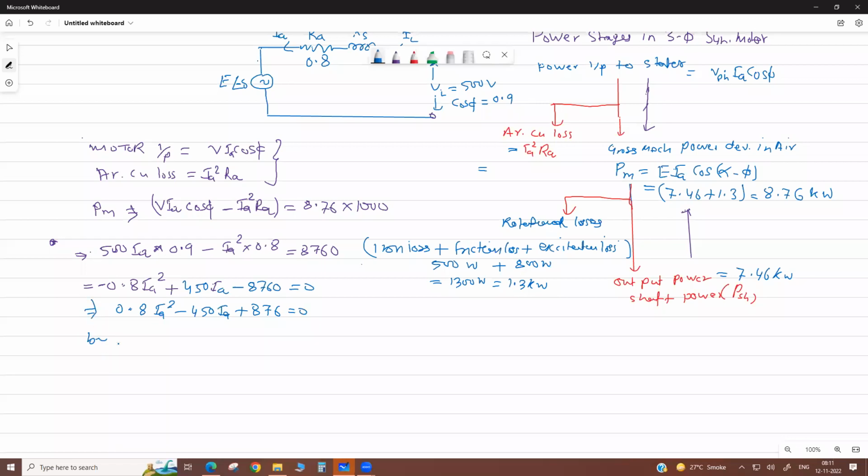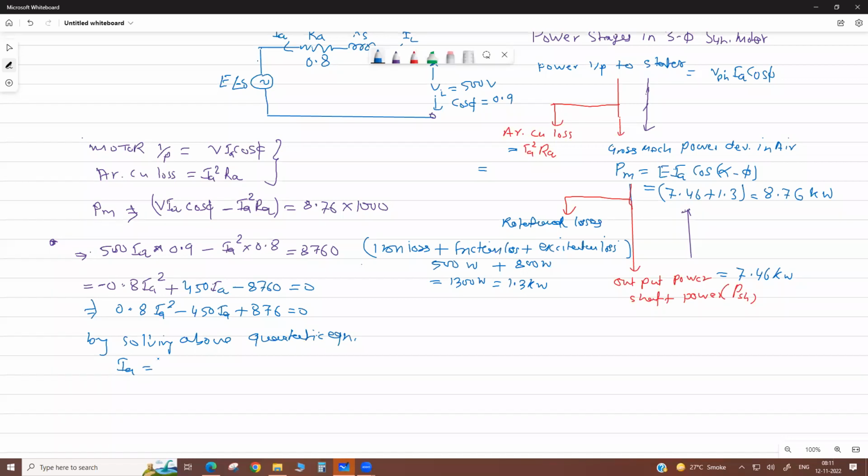Then by solving the above quadratic equation, we get this value of IA. In the calculator, you go to equations, you select degree, that is second.